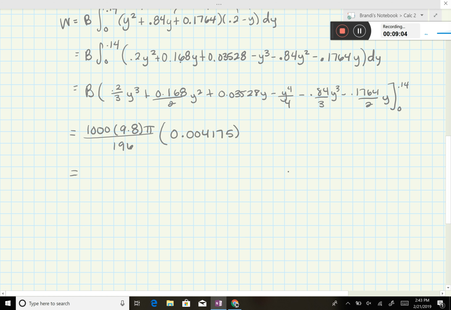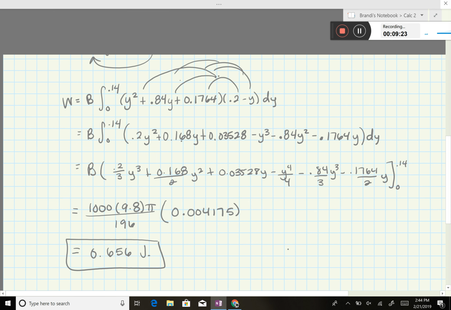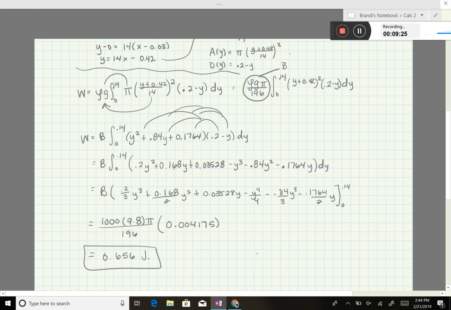Okay, and then multiplying all of that together, we should get about 0.656, rounding to 3 decimals, and that would be in joules because we converted to meters at the beginning like we should have. Okay, so I hope that helps with drinking through a straw, which it turns out is really complicated.